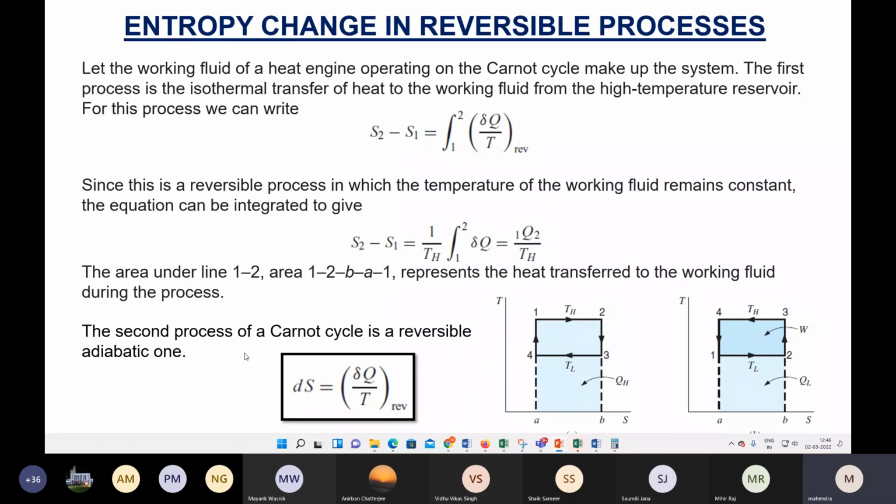Okay. So now I would like to ask you one question. Since we are considering it is the reversible cycle, and here entropy is constant in case of the turbine as well as constant in case of the pump. But actually, a perfect adiabatic process does not exist.